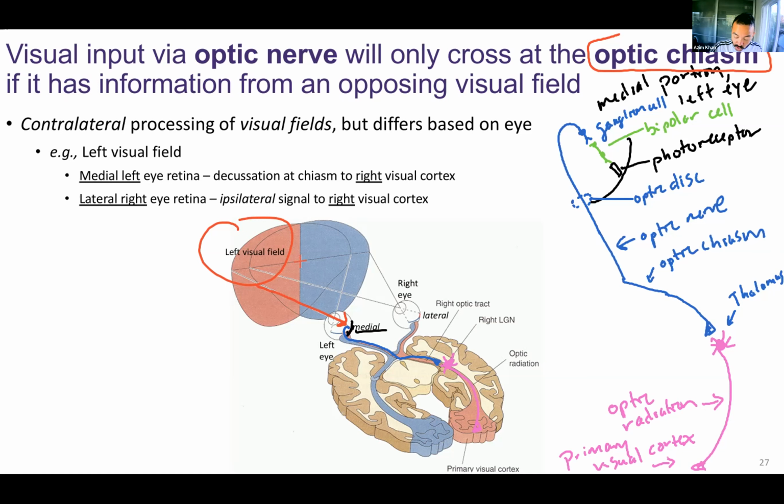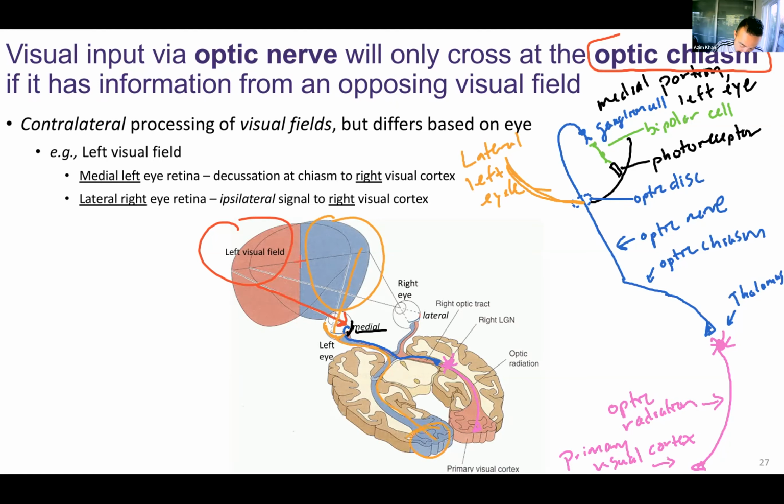If I had drawn this, let's do this in orange, for the lateral portion of the left eye, it would be getting information from your right visual field. Right visual field gets processed in the left visual cortex.